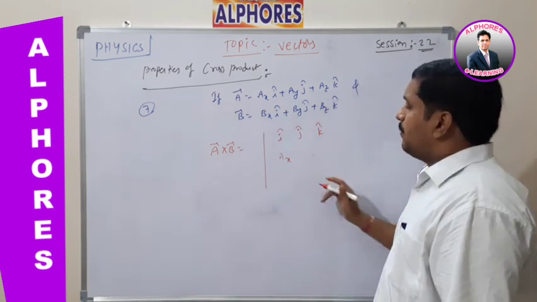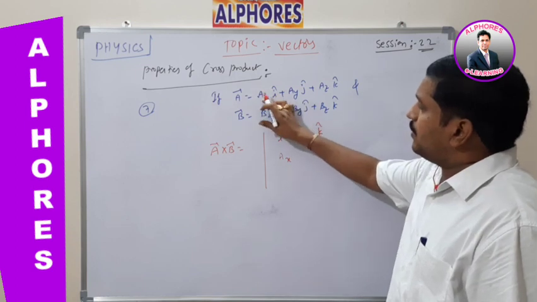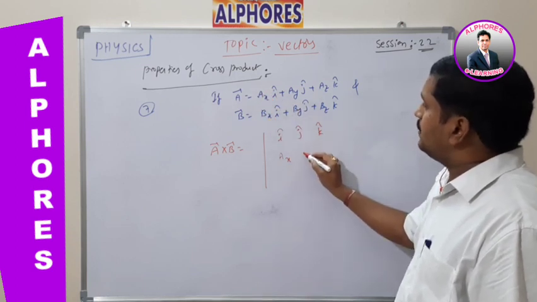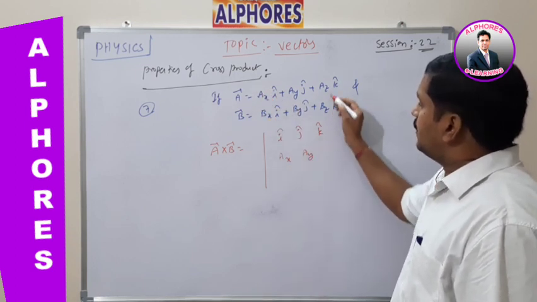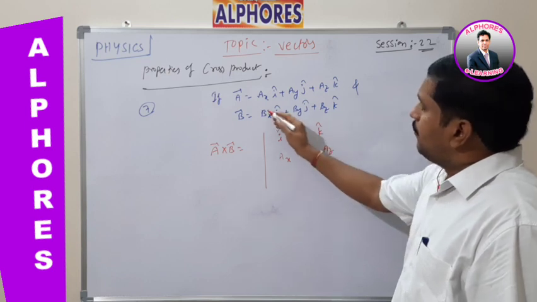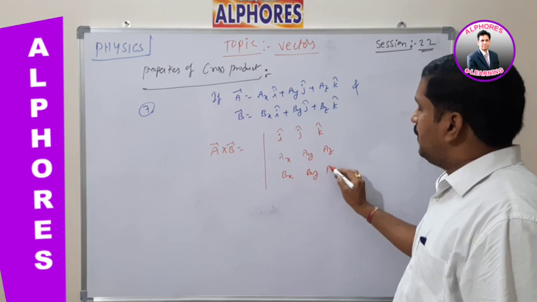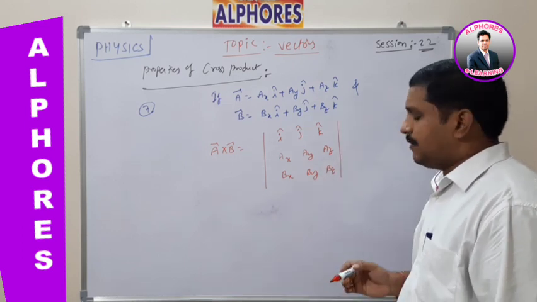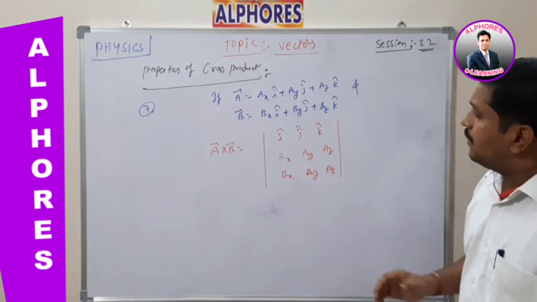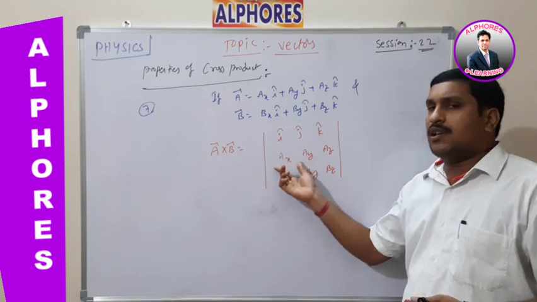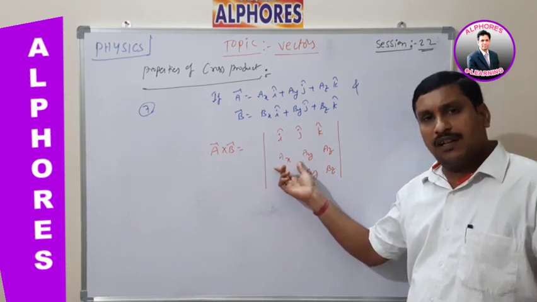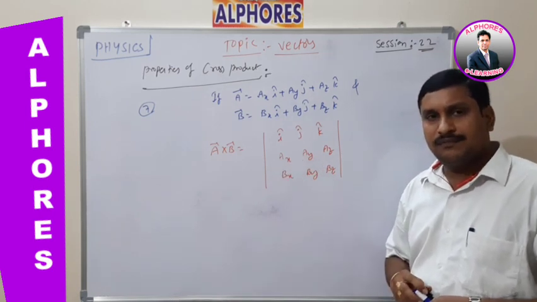For the a bar vector, the i coefficient is ax, the j coefficient is ay, and the k coefficient is az. And the b bar vector coefficients are bx, by, bz. Okay. Now I have to find the cross product of these two vectors. How to find this one?